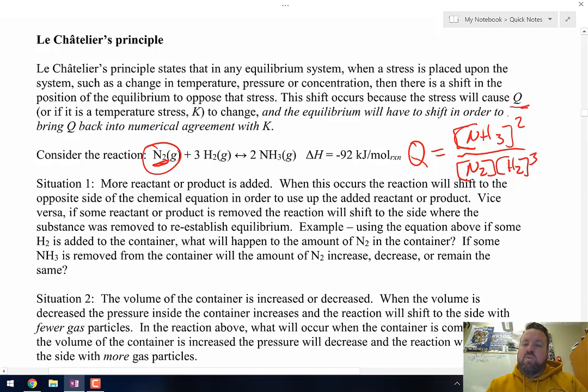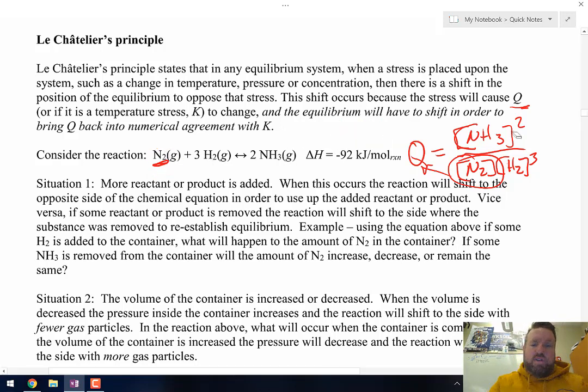It was at equilibrium, but now this denominator gets larger, which means the Q value gets smaller, so Q is now less than K. If Q is less than K, the reaction is going to proceed to the right. Anytime you talk about Le Chatelier's principle, you can always use a Q explanation.